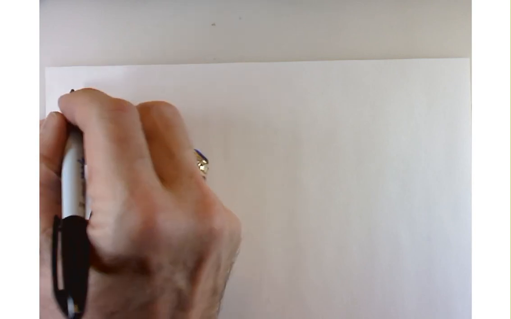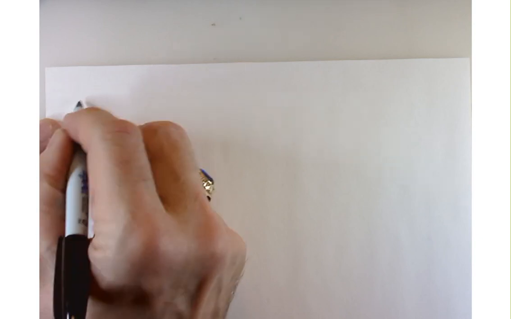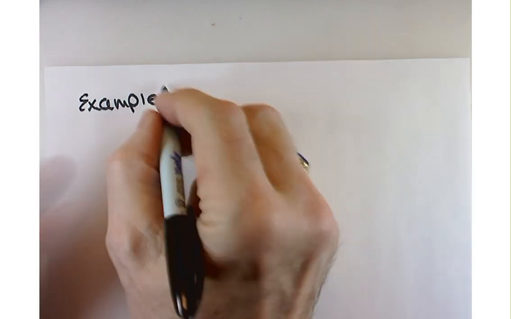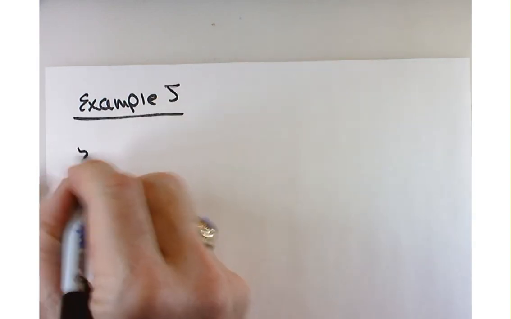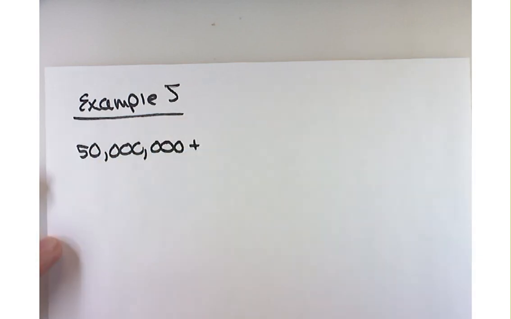So let's take a look at that. Example J. $50 million was spent directly in the city.